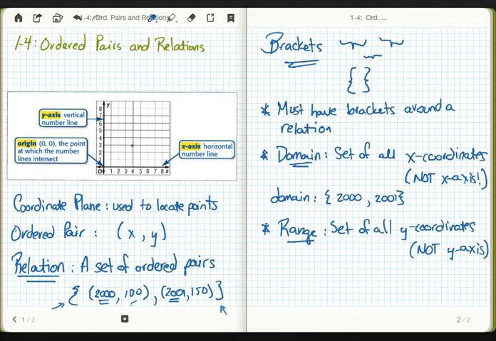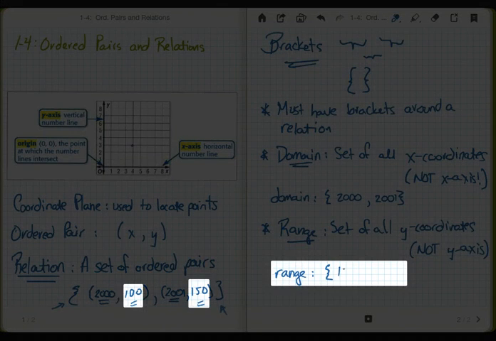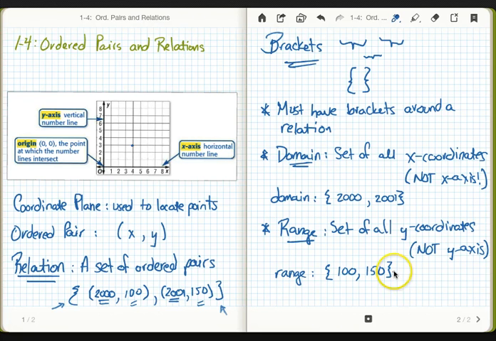So 100 ladybugs and then 150 ladybugs the next year. So I will use brackets again, and I will list just 100, 150. Note that even though I'm using brackets for the domain and range, I am not using parentheses because these are not ordered pairs. These are just listing all of my x coordinates or x values and all of my y coordinates or y values.